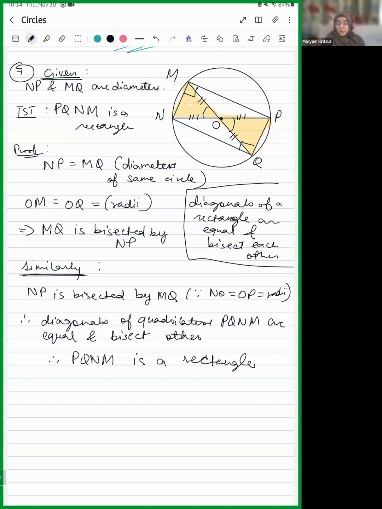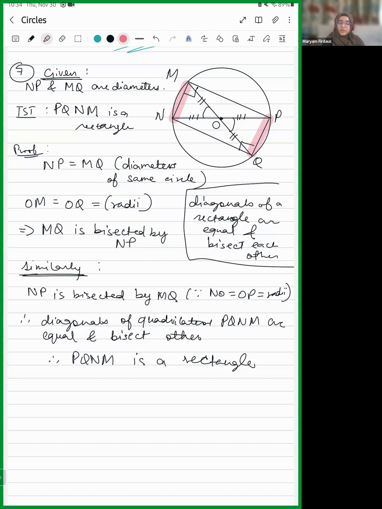If they are congruent, then by CPCT this side is going to be equal to this side. And so we have a quadrilateral in which one pair of opposite angles is 90 degrees and one pair of opposite sides is equal. Therefore, this has to be a rectangle.